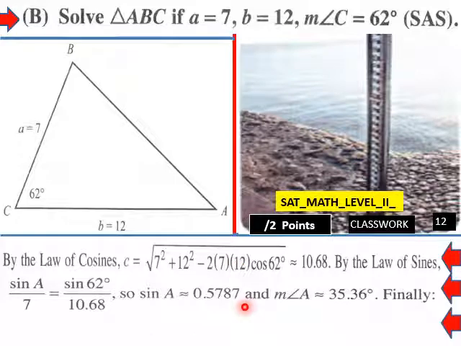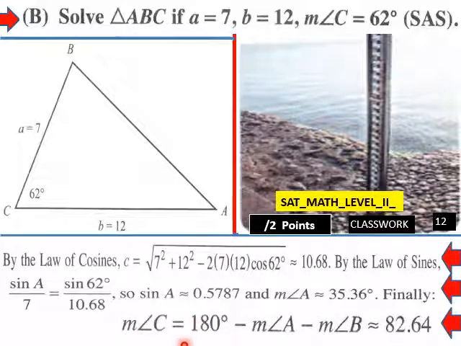Finally, the measure of angle B here would be 180 minus A minus C, and now it comes out to 82.64 by that rule there. So we can find the measure of the third angle.